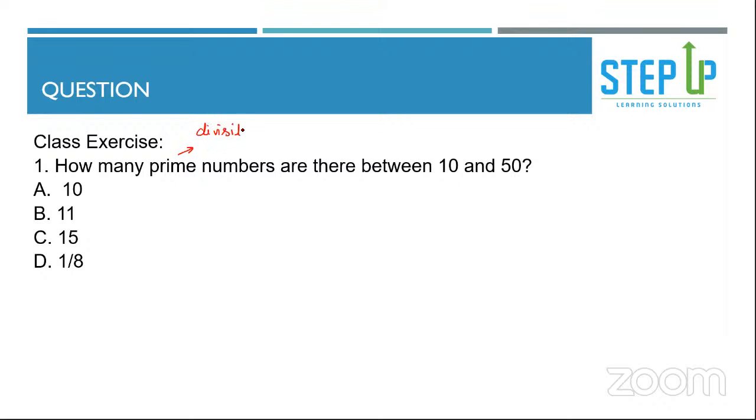Let's count quickly: 11, 13, 17, 19, 23, 29, then 31, then 37, then 41, 43, and 47. So 1, 2, 3, 4, 5, 6, 7, 8, 9, 10, 11. So the answer is 11.